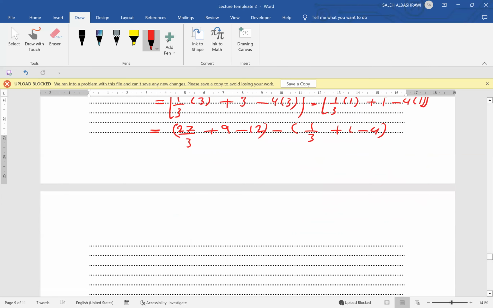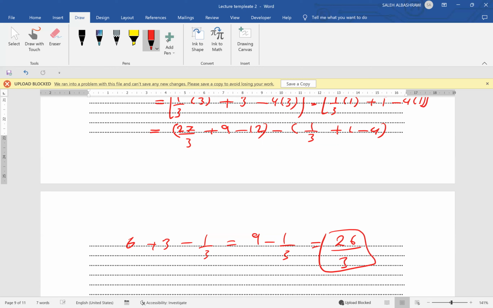So this is equal to 18 minus 12, which is 6, minus 3, or this should be plus there, minus 1/3. Open the bracket and change the sign. So it is 9 minus 1/3, that will be 26 over 3. So the value for this definite integral is equal to 26 divided by 3.